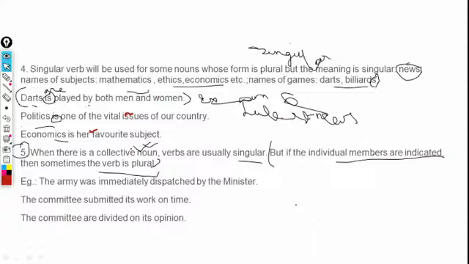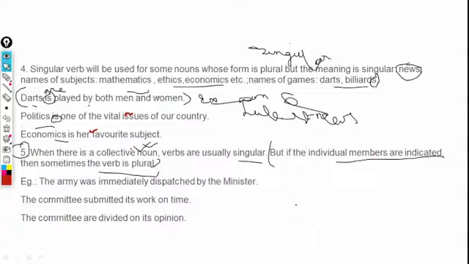Division of opinion means immediately to understand that okay, it is pointing to individual members. When the members don't agree, that means our individual opinions are coming out, and that is when the committee can't be united in its opinion, right? If a class of students together says yes, that is a different thing. They are behaving like a unit.